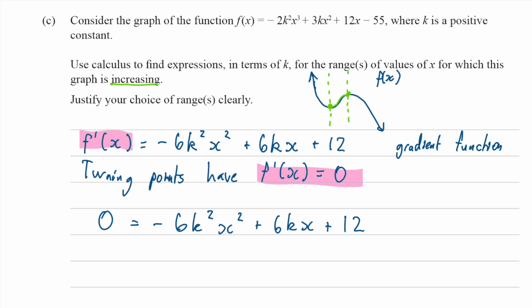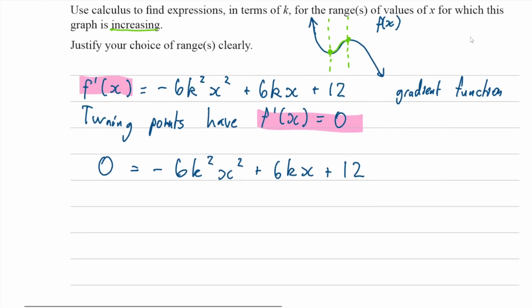So looking at this, there are a few ways to go about it. From here, you could immediately use the quadratic formula, which will be a little bit of work, and will get a bit messy, but it will definitely work. I'm going to factorize it instead, because I find that a bit easier.